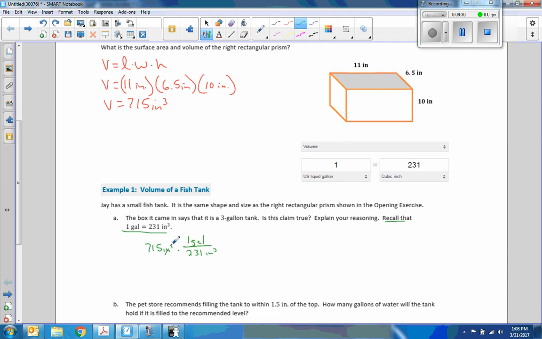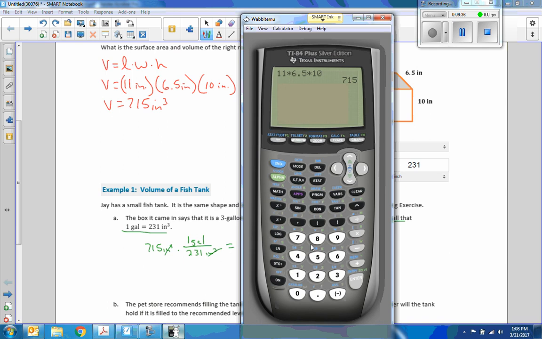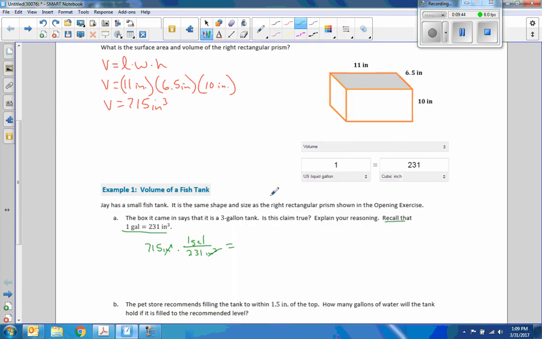Okay, so the inches cubed and the inches cubed cancel, and we get 715 divided by 231. 715 divided by 231 equals 3.095 gallons.